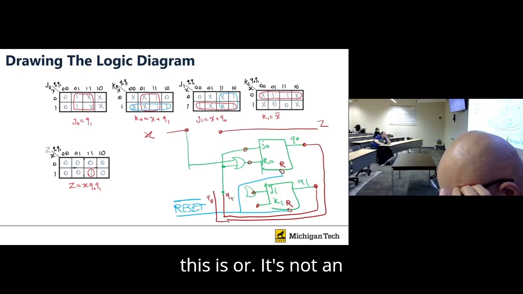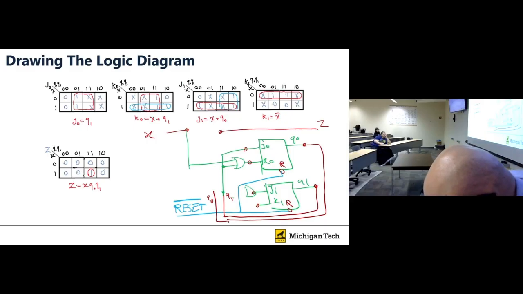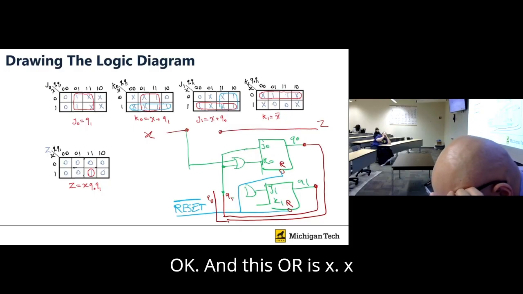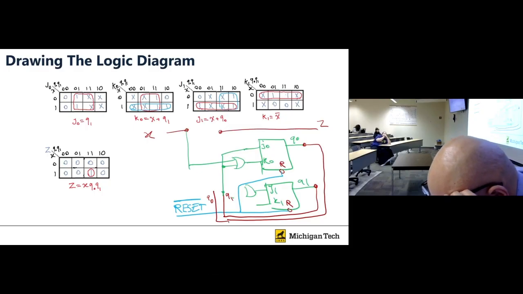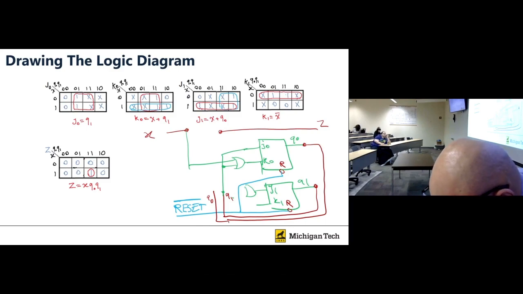This is OR. It's not an OR. Also, this is not okay. And this OR is X. X I'm going to write later. And Q1, maybe I choose another color, 1 and X.